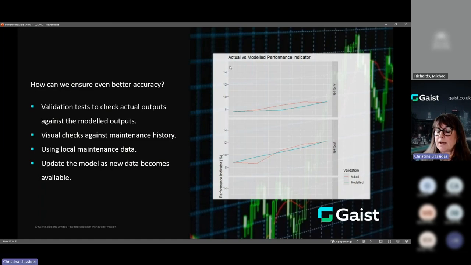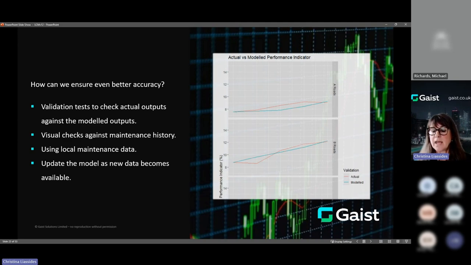And because it's a model and because we want to learn all the time, how do we ensure even better accuracy? That's not just about the model itself. We periodically review our model, which I'll talk about later, and we periodically add more data samples into it, and that's one way of improving it. But even when we're doing it for an individual local authority, we will validate against previous data if we've got that.